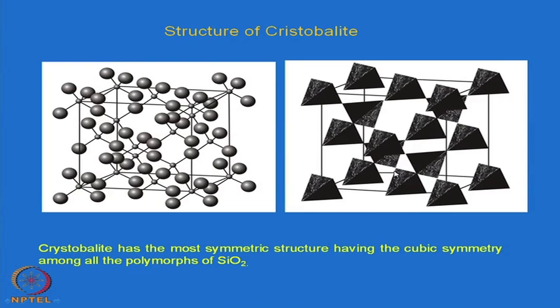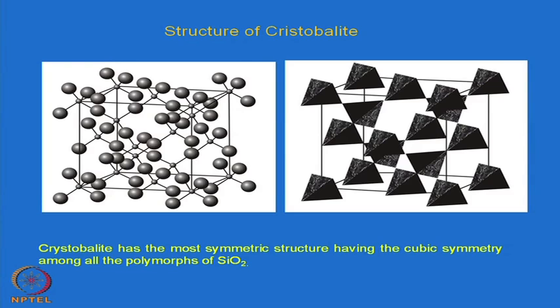However, one has to note one difference from whatever structures we have discussed so far. Whenever you talk about the symmetry, it is the position of one particular atom, either the cation or the anion, that determines the symmetry. Here the motif, the units, are actually silicon oxygen tetrahedrons. Earlier, in many structures, atoms were positioned at the corners of the cube.